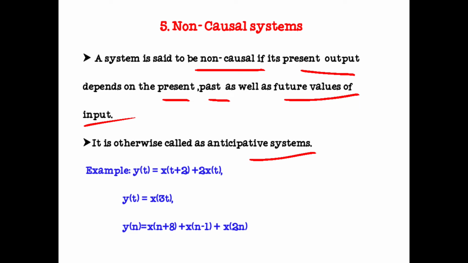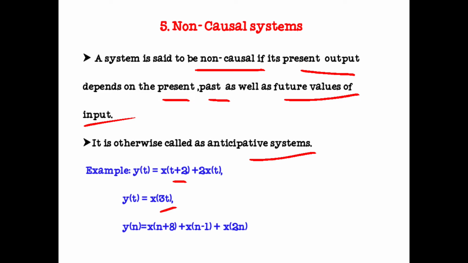So you can write y of t equal to x of 2t plus 2. So t plus 2 is a future input, 3t it is also a future input, and n plus 8 is again a future input.